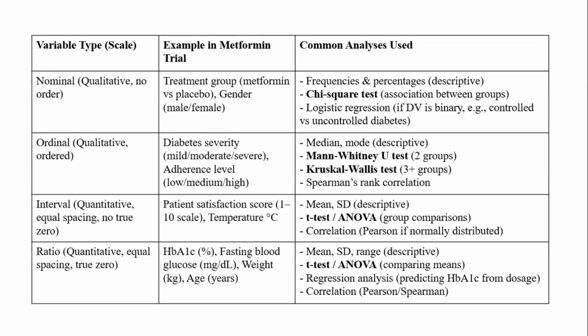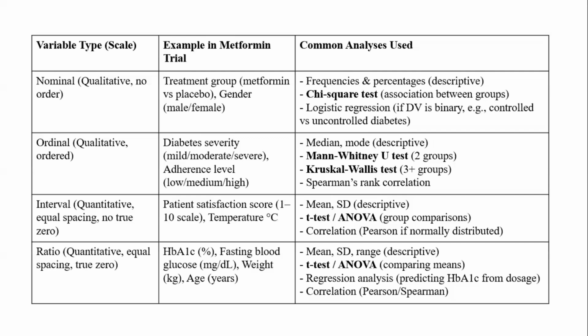Let's go next to this table I have provided here. I'm trying to show the characteristics and how most of the variables fall in the data analysis. First of all, we have the variable type. Let's say we have the example of a trial and how the analysis can be used.